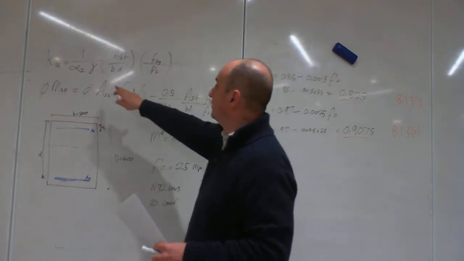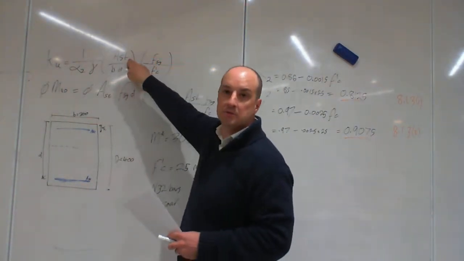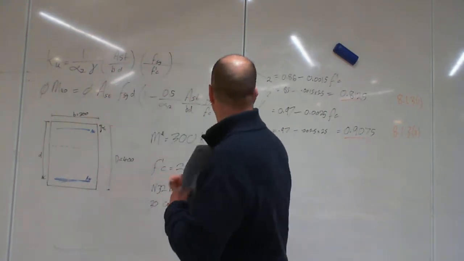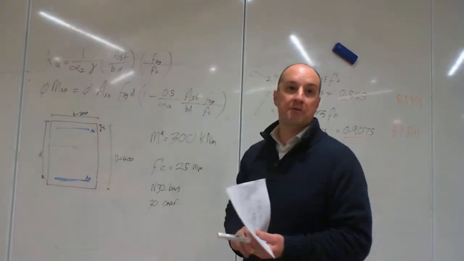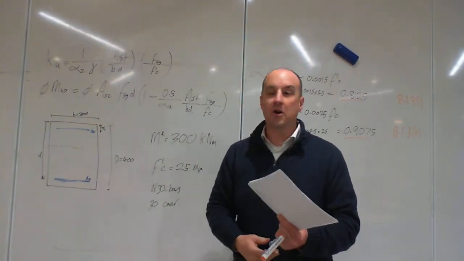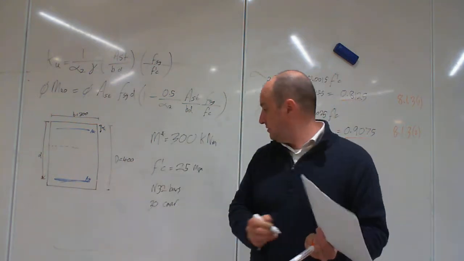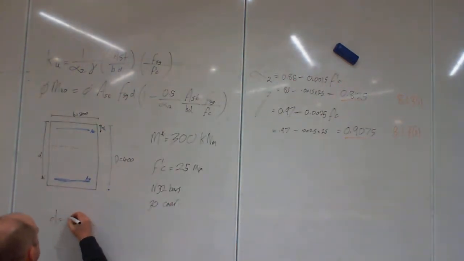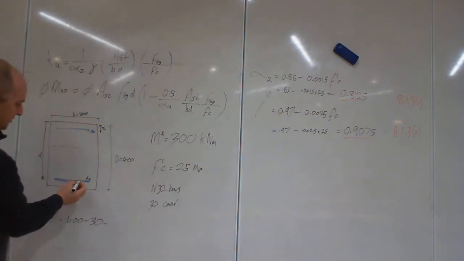All right. We know that now. AST is what we're actually trying to find. B is 300. All right. D, yes, we have to work out D. Okay, so we've got 400 mil deep, and we've got a cover of 30 millimeters. So there's our 30 mil cover. So D equals 400 minus our 30 mil cover, and then we have to get to the centroid of the bar.